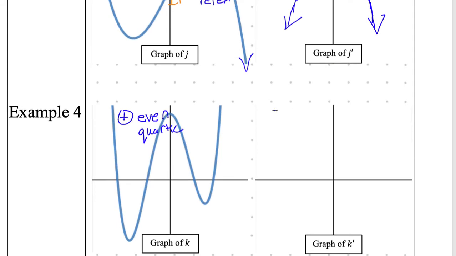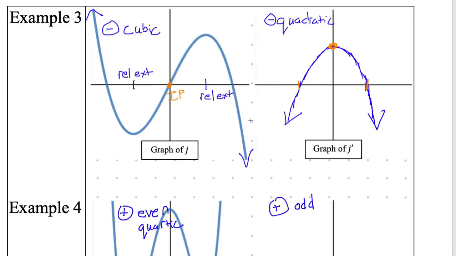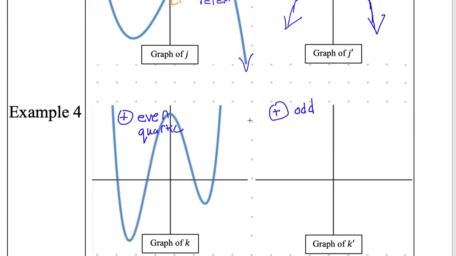If it's positive even, it should now be positive odd, an odd cubic. The next one after quartic is quintic, but again, you don't need to know that.